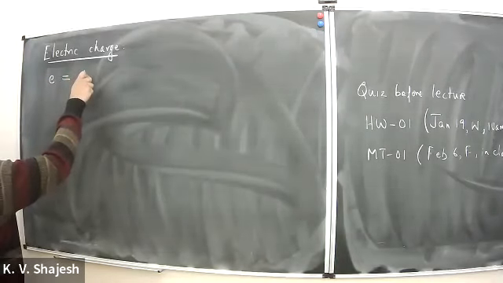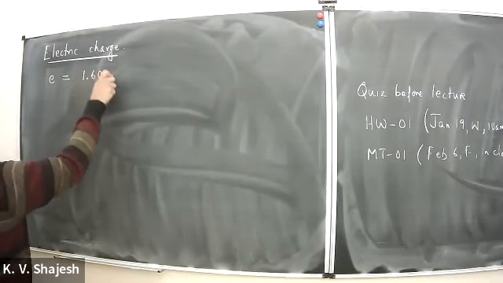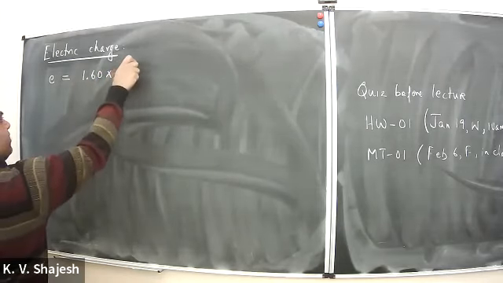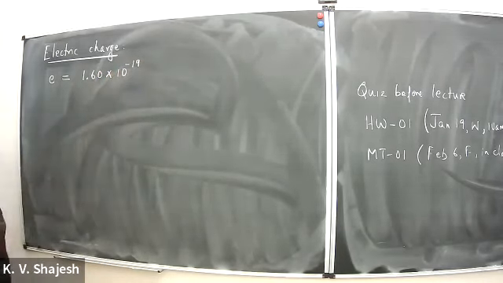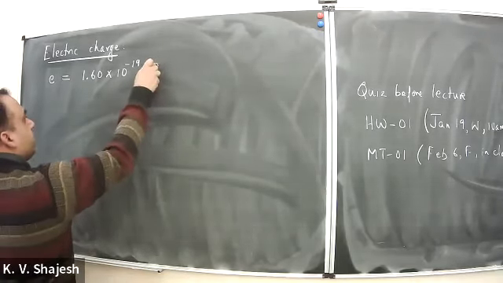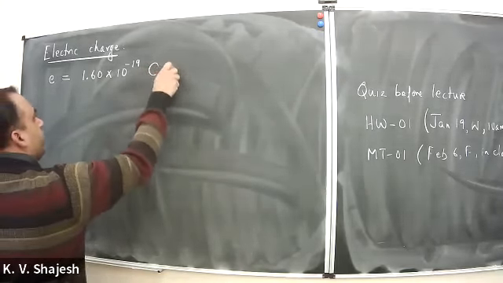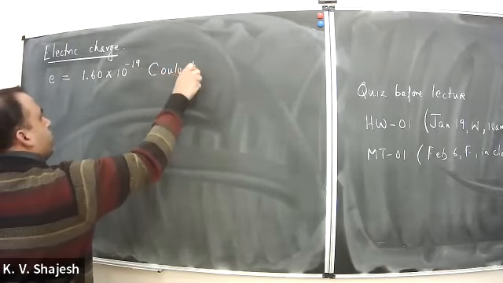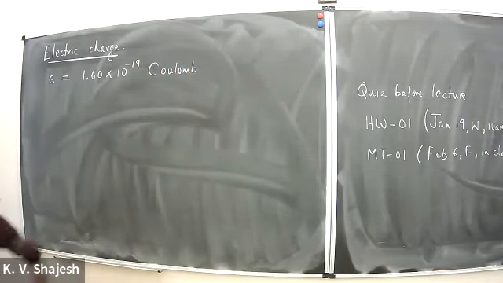So that's 1.60 times 10 raised to minus 19. Like we said, this is the amount of charge that's there on an electron. This is measured in Coulomb, C-O-U-L-O-M-B. So that's a new unit.